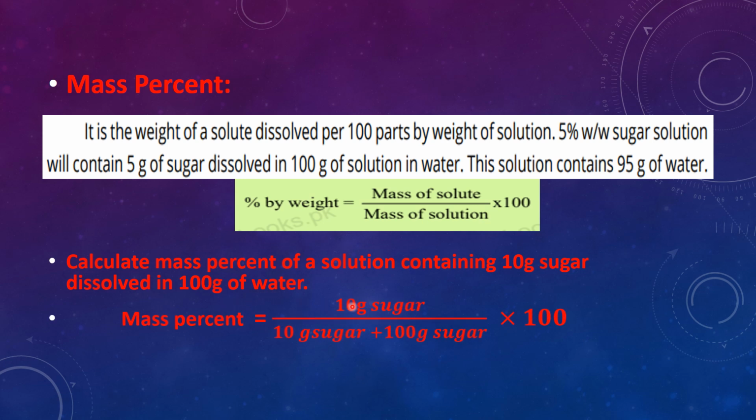When we put these values in the formula, 10 gram of the solute, which is sugar, and the mass of the solution is 10 gram sugar and 100 gram of water. When we multiply by 100, we will get our mass percent, that is 9.09% for the solution.